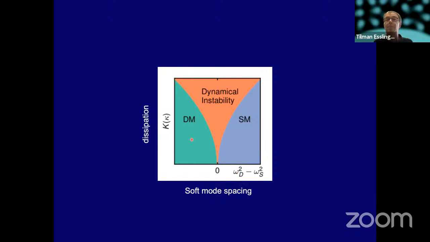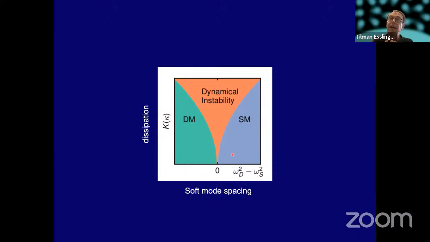We had described one, we had done this spectroscopy on the soft mode. So in this case now, we have a density and a spin mode which can go soft. And then we have a region where there's a dynamical instability, where the system will continuously flip from the spin to the density to the spin to the density pattern.